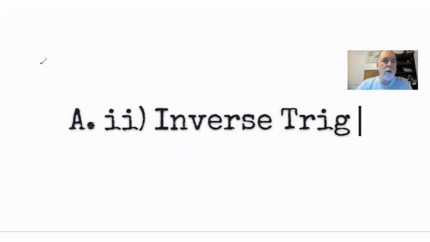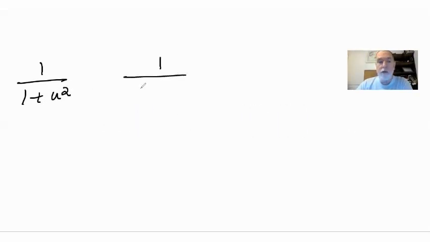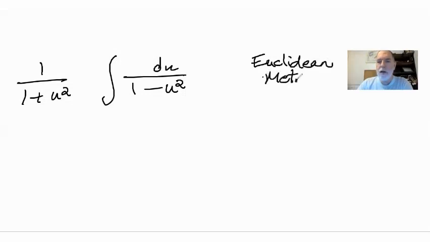So we have something of the form 1 over 1 plus u squared. Okay? But we want something of the form 1 over 1 minus u squared, because this is the thing that we're trying to integrate. Okay, what we're going to do is switch between a Euclidean metric, which is what our regular circular functions involve, to a hyperbolic metric.